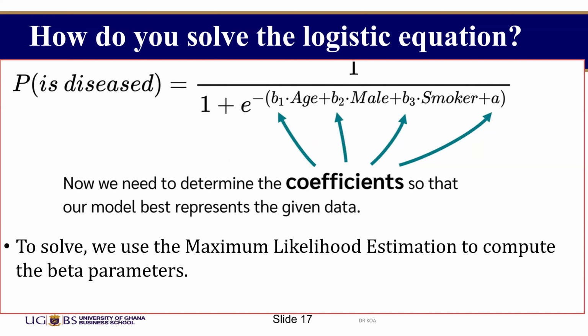And what this one does is to estimate the beta parameters of the model, the B1, the B2, the B3. We're not going to do this today. We are going to take our time and use that data we showed you earlier, and then we will look at that next time. Or probably we'll look at that next semester. But this is just an introduction to what is known as the logistic regression.